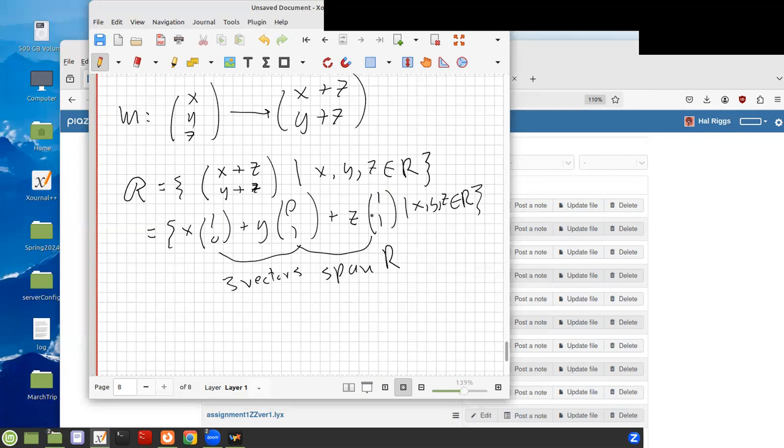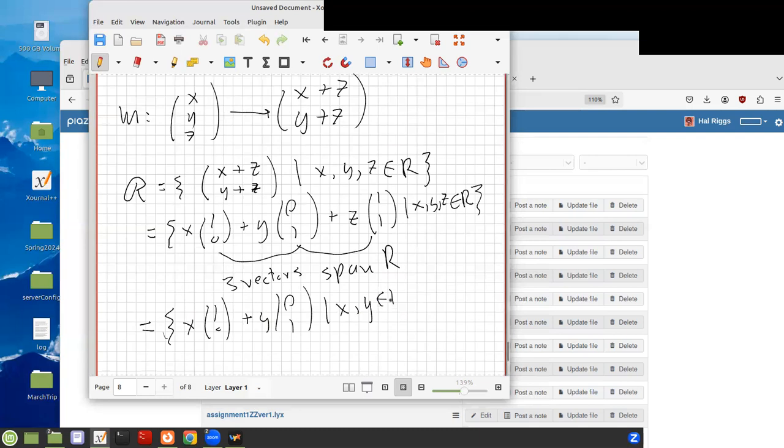That means this is linearly dependent on the other two. Now, I know that I can remove a linearly dependent vector from a set and span the same space. So we can say this is the same as x times (1, 0) plus y times (0, 1), such that x and y are any real numbers. And that forms a basis.